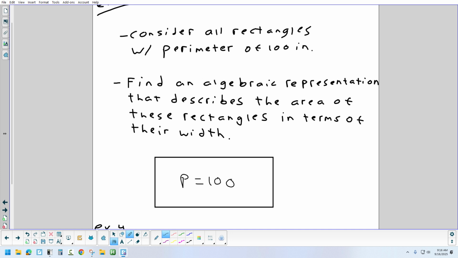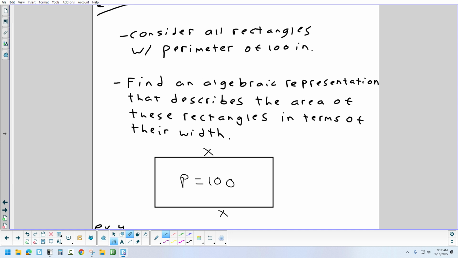How about Emma? What's the first thing we could label in that diagram? One of the lengths. Sure. Yeah, we could label one of the lengths as x. So if that's x, that's good. What else could we label? Yeah. You could do the one on the bottom as x as well. Okay, the one on the bottom has to be x.